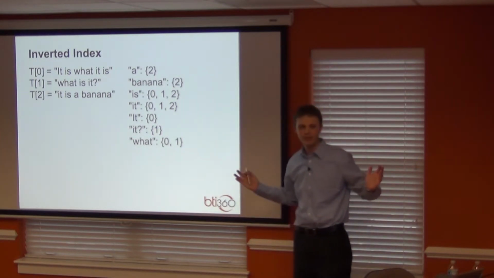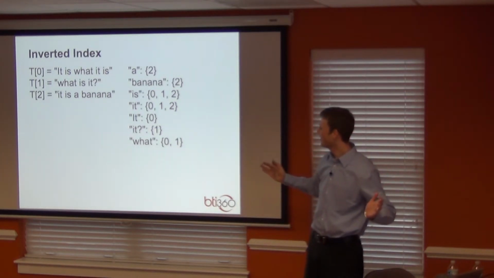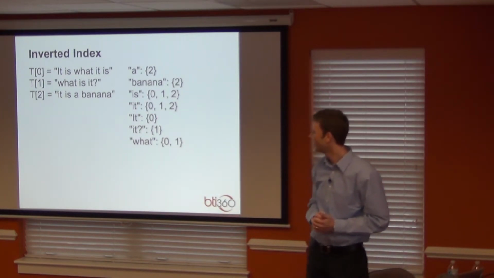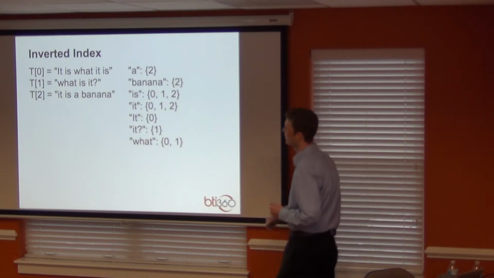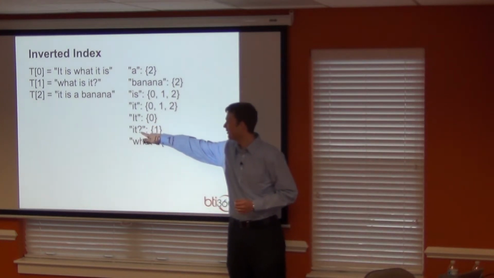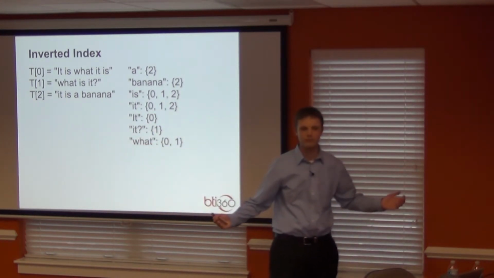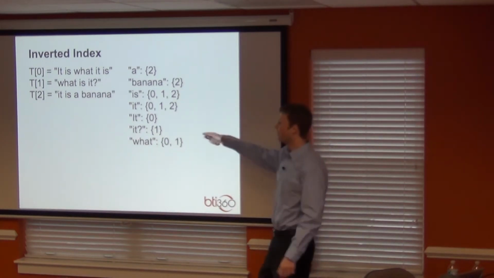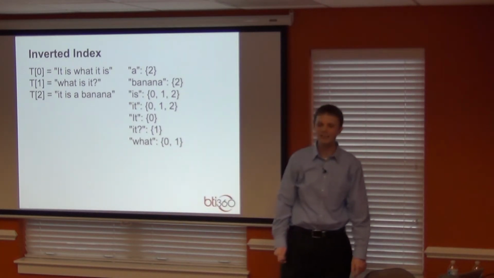Okay, everyone got it? All right, so now that we got it, what do you think the tokenizer was that was used here? Here are the clues: you got a capital IT and you got an IT question mark. Anyone? Whitespace, yes. Now, wouldn't it be annoying to have to search on "IT?" with the question mark?